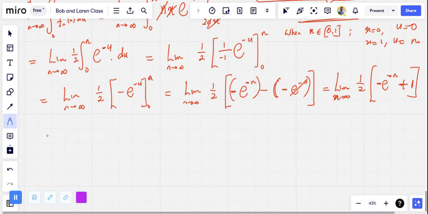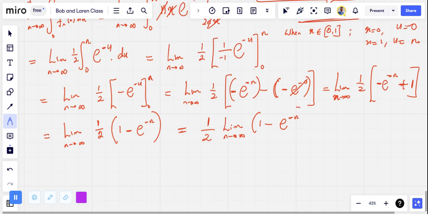So the next thing for us to do from here is to evaluate that. I have the limit as n tends to infinity of 1 over 2 times 1 minus e raised to the power of minus n. Looking at this, I can decide to take the limit separately. The 1 over 2 is a constant, so it can come outside the limit. This is what I have left now, 1 minus e to the minus n.